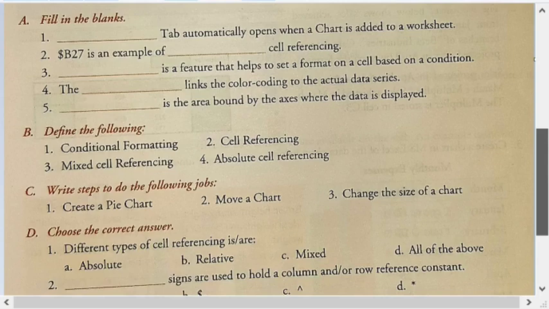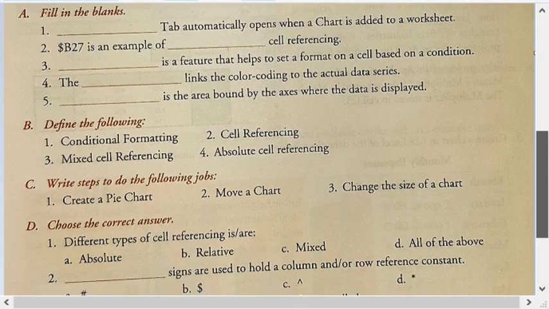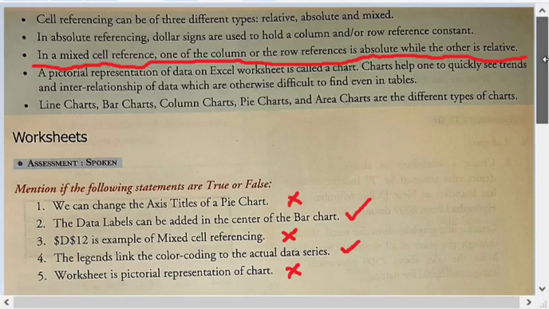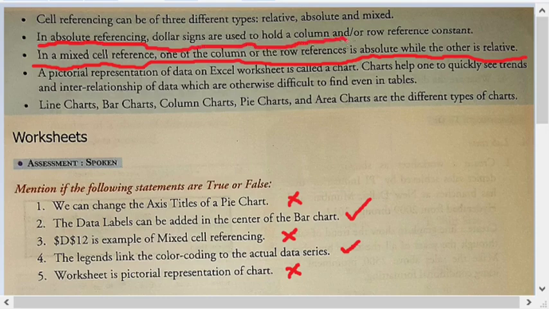Next question is absolute cell referencing. Its answer is here. In absolute referencing, dollar signs are used to hold a column and or row reference constant.